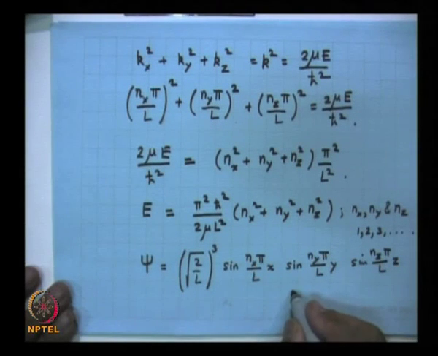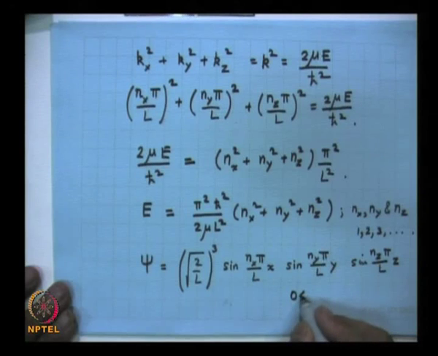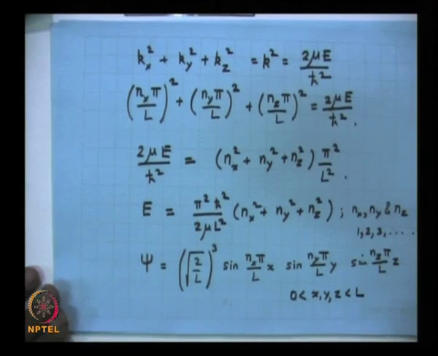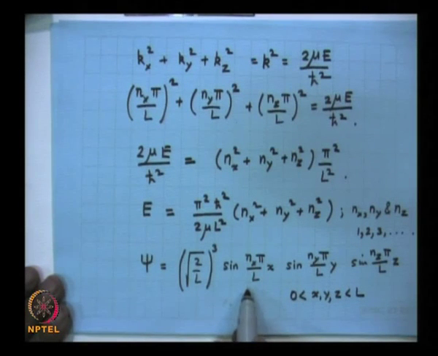This is for 0 less than x, y, z less than L, inside the box. So, these are the normalized wave functions, and these are the discrete states.